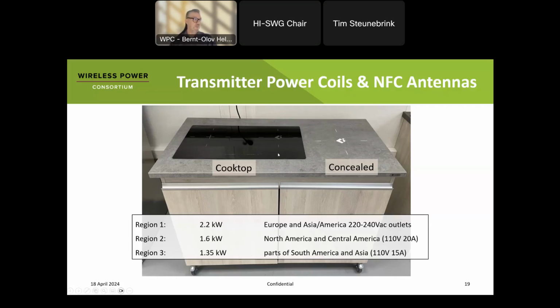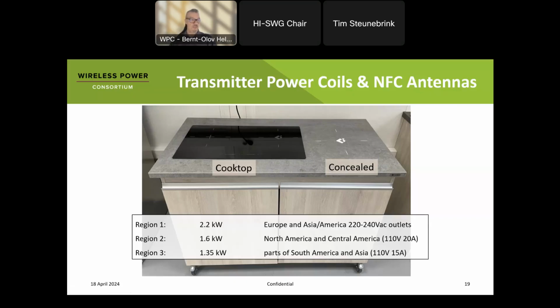This Ki transmitter can also support induction hobs, so it could support both. Not required, but it could. And it's important that the material on top is non-metallic, so it is beneficial for the magnetic field to transport through the bench to the appliance.